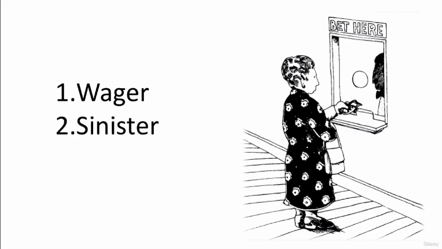As you can see in this picture, this woman is wagering some money, and there's a guy on the other side, I think a cashier, and he's sinister, I think. Can you remember the meaning of sinister? Yes, sinister means criminal, evil, or wicked. That's great. Okay, guys, let's move to the next part.